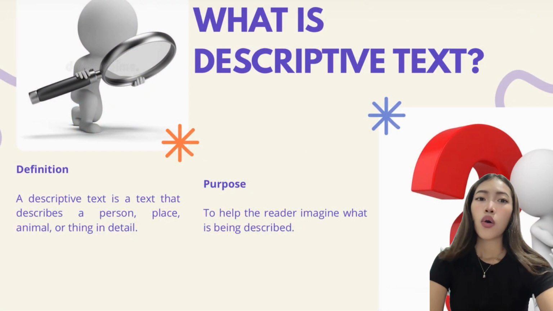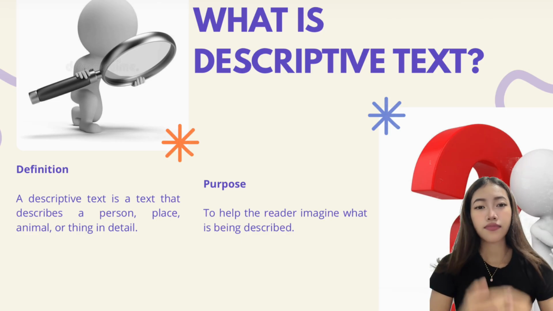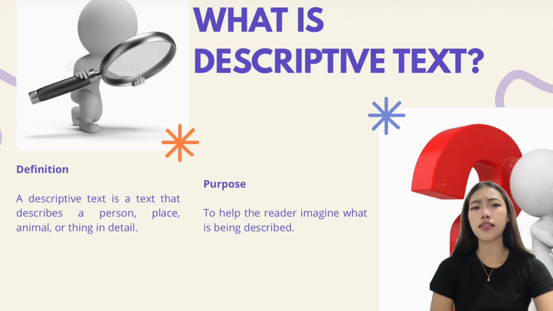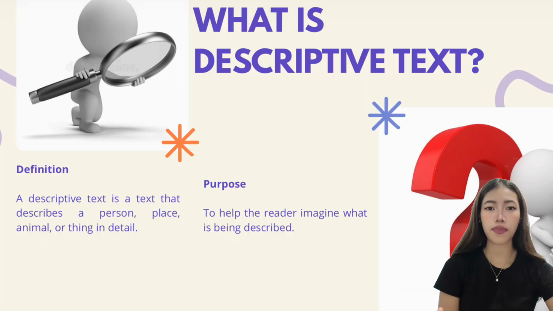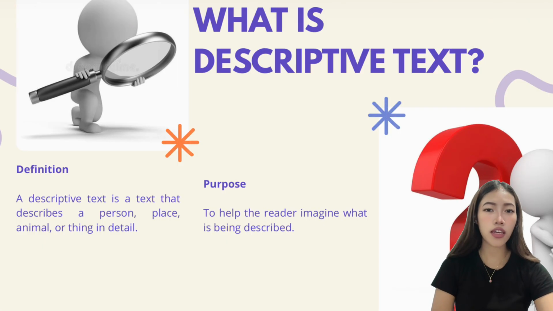So, what exactly is a descriptive text? A descriptive text is a text that describes a person, place, animal, or thing in detail. Its purpose is very simple. It helps the reader imagine what we're talking about.